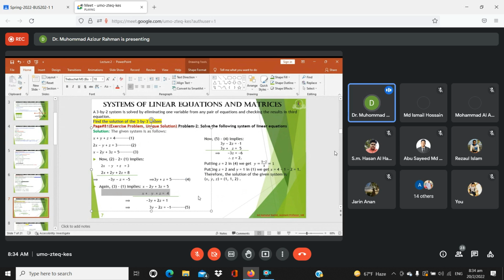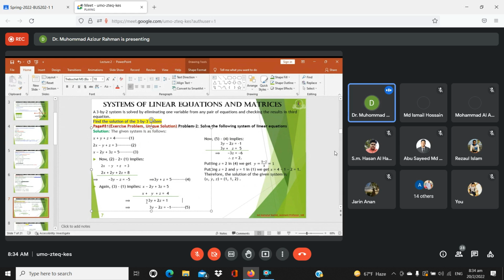Since we are eliminating x, you subtract. So x and x are cancelled, and minus 2y minus y should be minus 3y. Then 3z minus z, if you subtract, becomes 2z, equals 5 minus 4 equals 1.